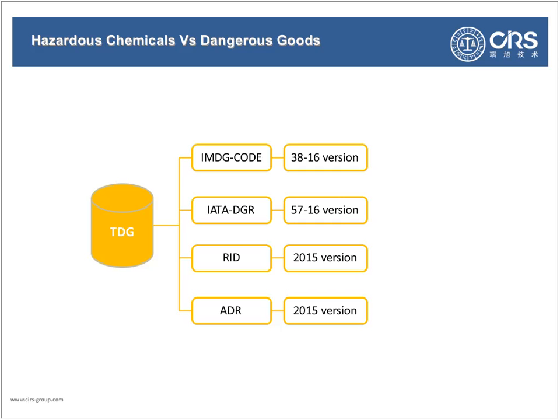You should note that although some main categories are the same in both GHS and TDG, they have some differences in the subcategories. Also, GHS has some classifications which TDG doesn't have, and TDG also has some classifications that GHS doesn't have.